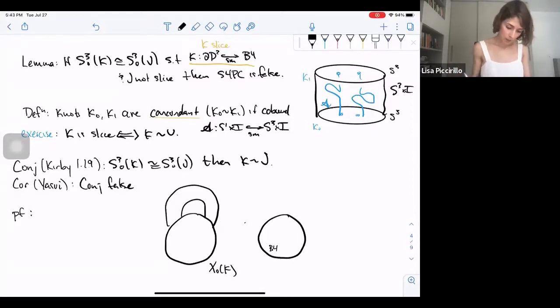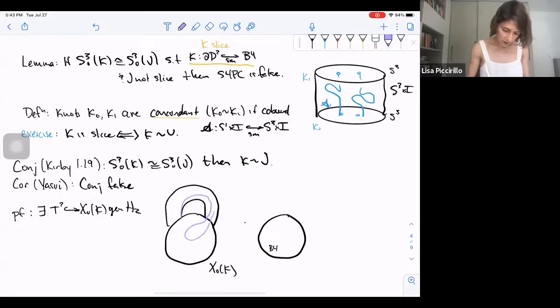Okay, so we're going to let K be our knot from our proof of exotic knot traces, the one that has a T2 generating homology. So let me schematically draw that torus as looking maybe something like this.